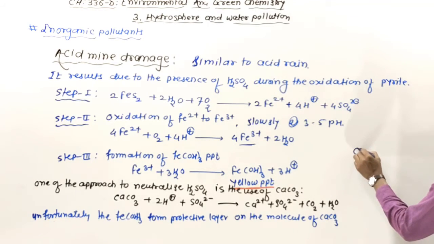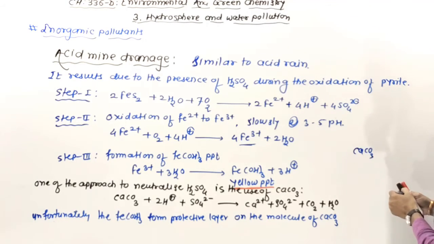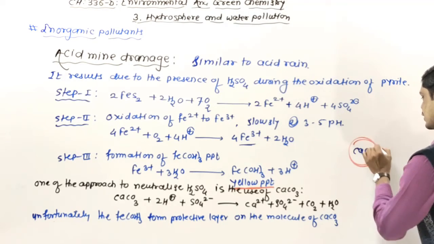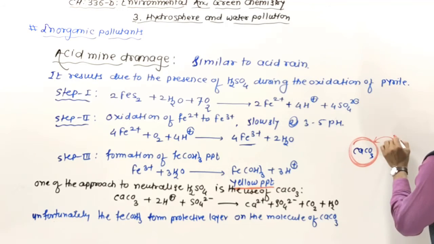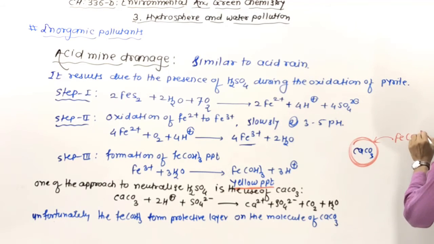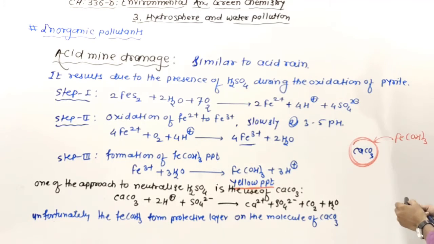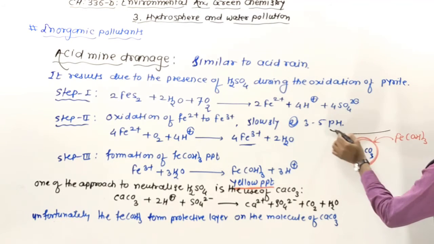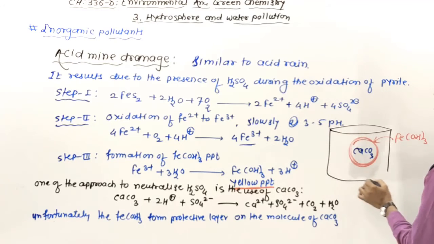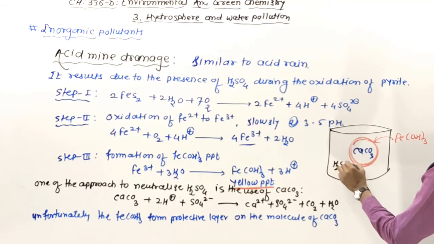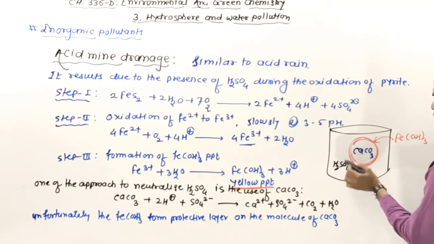Suppose this is your calcium carbonate molecule, and this is the protective coating of ferric hydroxide. Obviously, due to this protective coating, the calcium carbonate cannot come in contact with H2SO4.